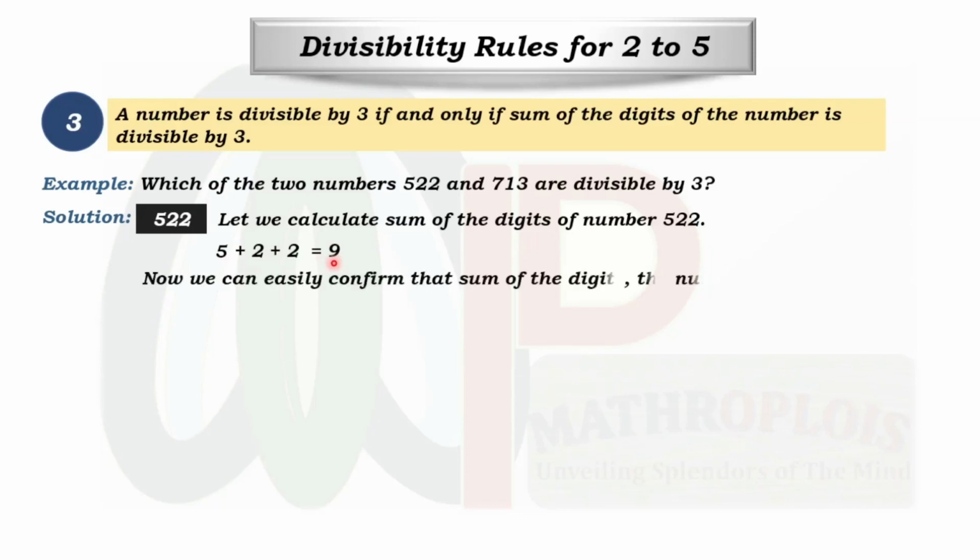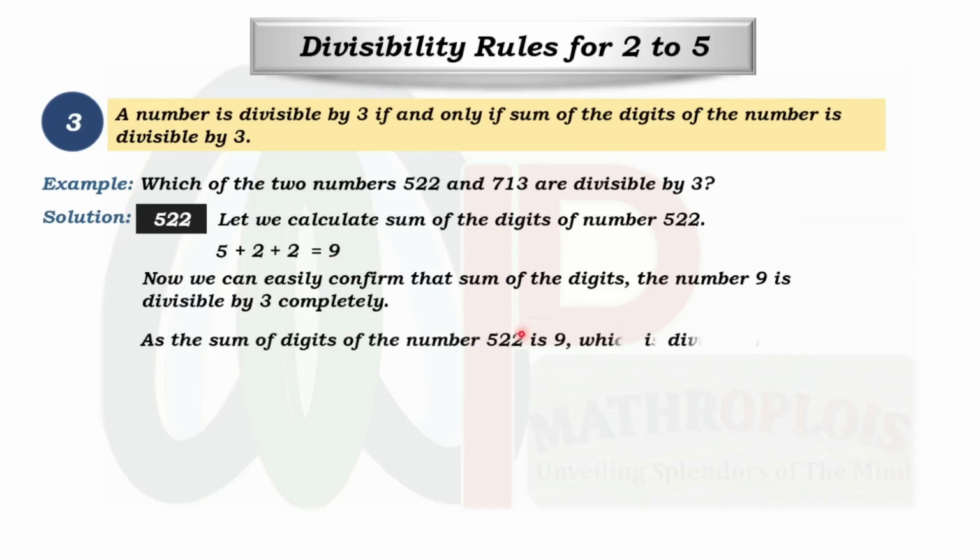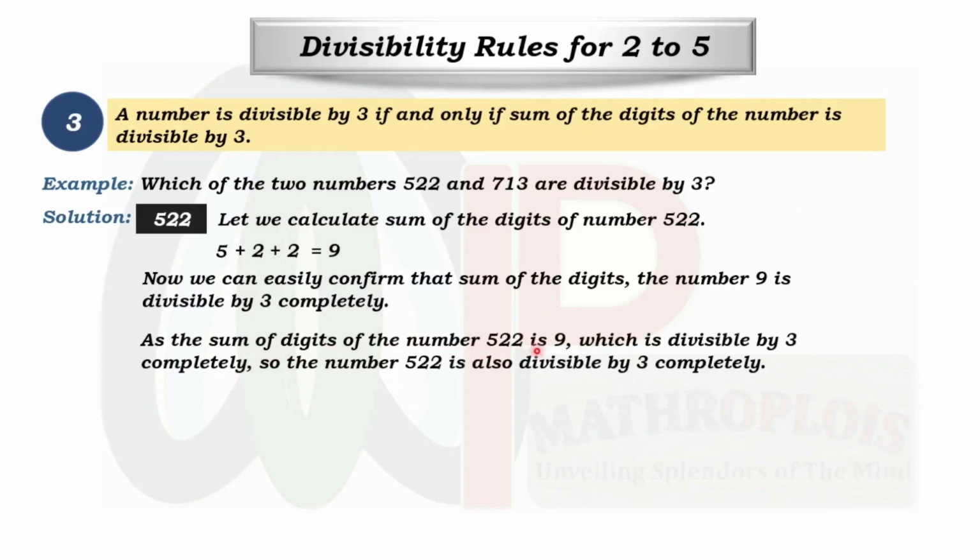Now we can easily confirm that the sum of the digits, the number 9, is divisible by 3 completely. That is, 9 divided by 3 is equal to 3. As the sum of digits of the number 522 is 9, which is divisible by 3 completely, so the number 522 is also divisible by 3 completely.